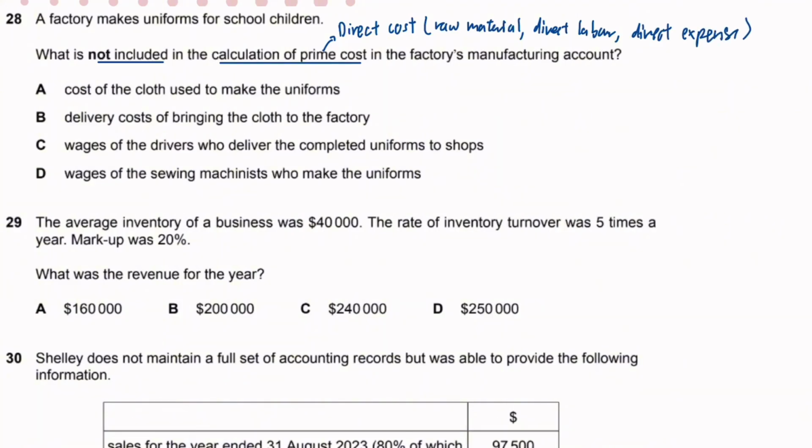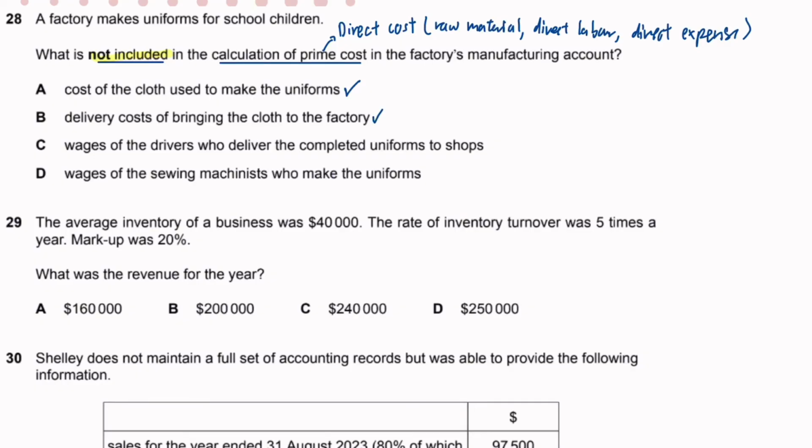So let's see. Cost of the cloth used to make the uniforms. Yes, it is included, because you need to find what is not included, right? B, delivery cost of bringing the cloth to the factory. Yes, it is included.